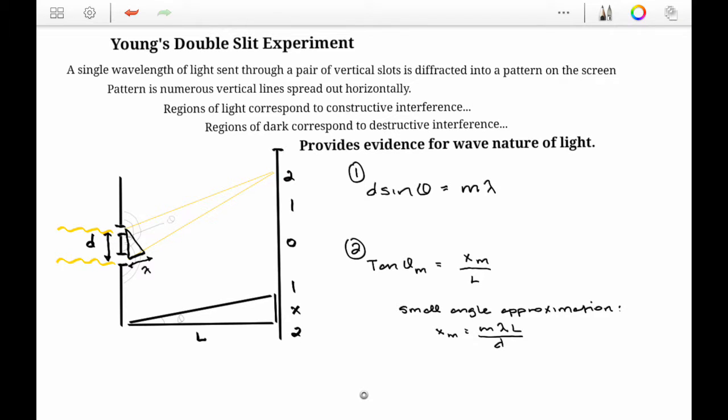So here's the screen right here, and you can see how this light is going to travel and diffract onto this screen.